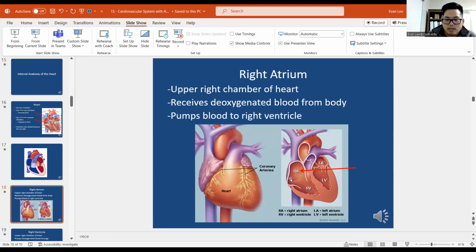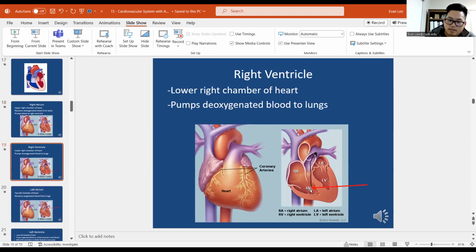So this is deoxygenated blood. You receive blood that is deoxygenated, and then you will be able to pump it out to the lungs eventually. So this is the right atrium receiving deoxygenated blood from the body, and what it does is pump it down into the right ventricle.